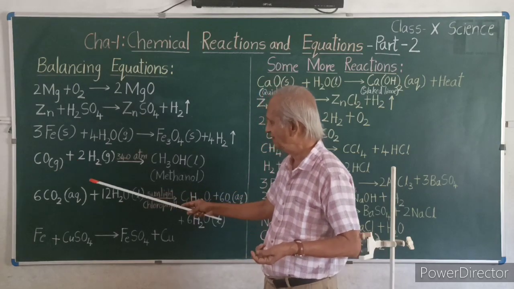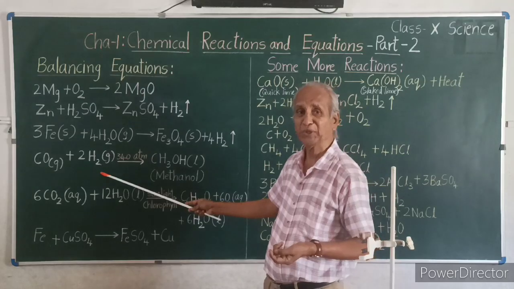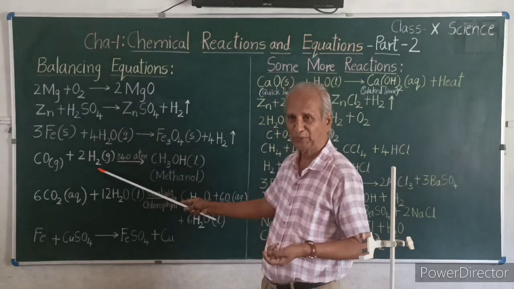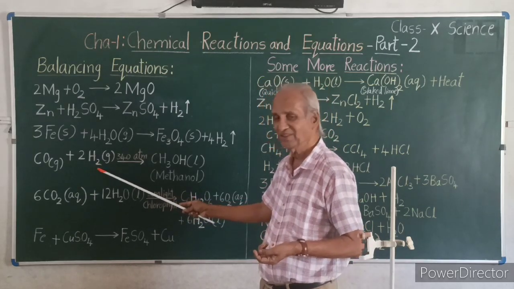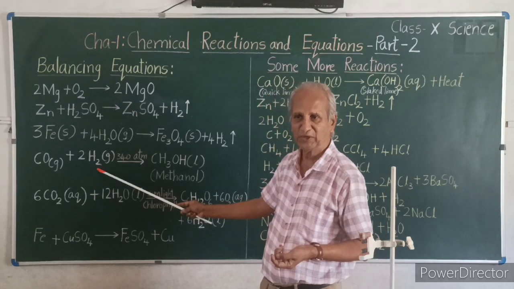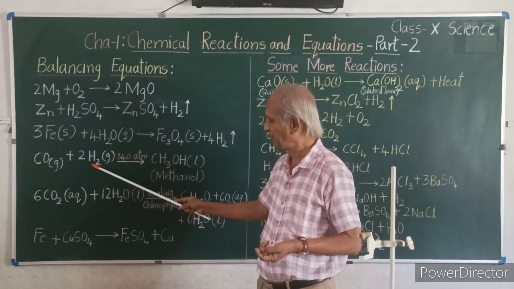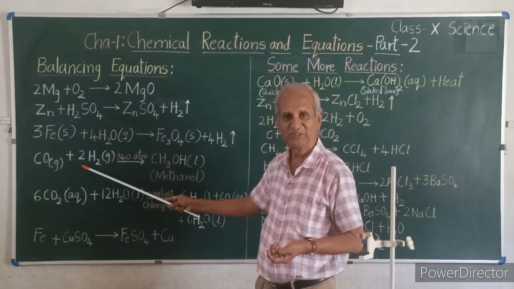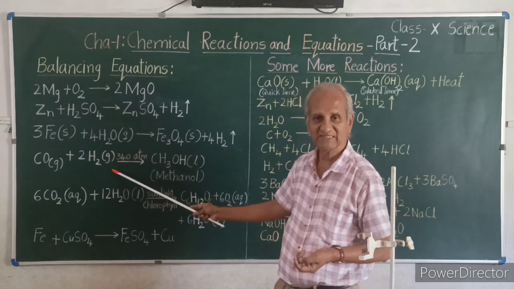Plus 2H2. 2 molecules of hydrogen. H2 is 1 molecule. H is an atom. When I say H2, it's a molecule. Two hydrogen atoms, when they bond with each other, become a molecule. How many such molecules are here? Two molecules are there, 2H2. Again, hydrogen is a gas.